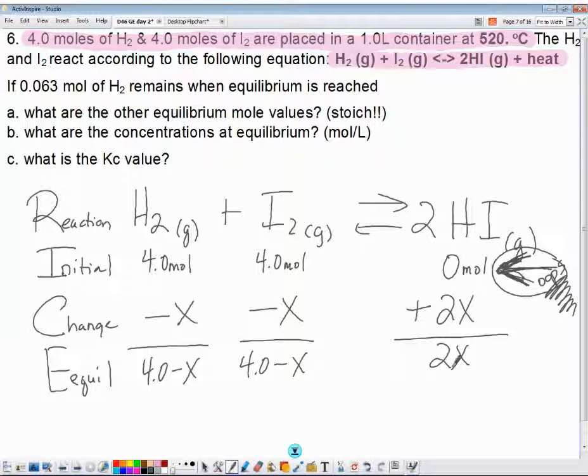Now I want you to notice something. Let me grab the highlighter again. I haven't taken you any farther than sentence number 1. All we've done is read sentence number 1, looked at the reaction right here, and then from there, we just did an ice chart. Here's my ice chart right here.